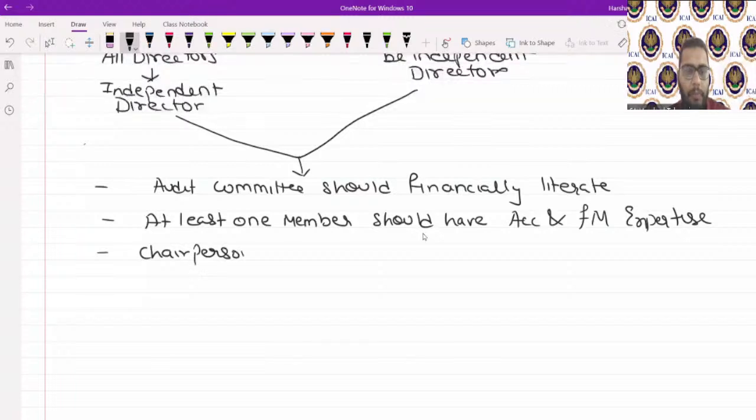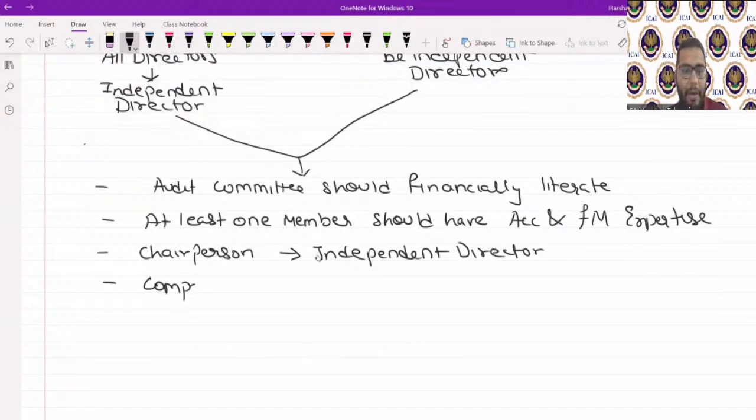Chairperson. The chairperson of the committee should be an independent director. And the company secretary will act as a secretary to the committee.